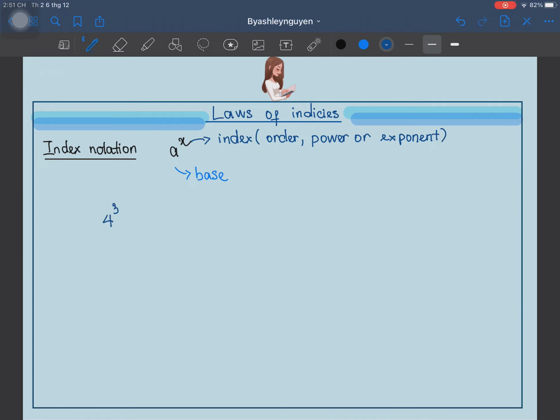For example, 4 cubed. The number 4 is the base and the number 3 is the index. It simply means 4 times 4 times 4, 3 times.